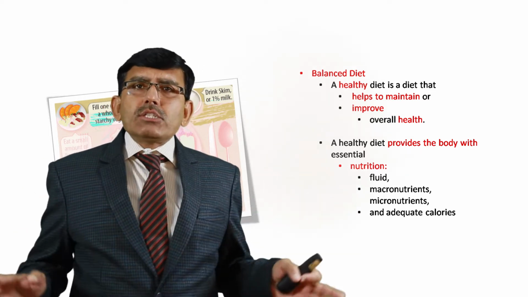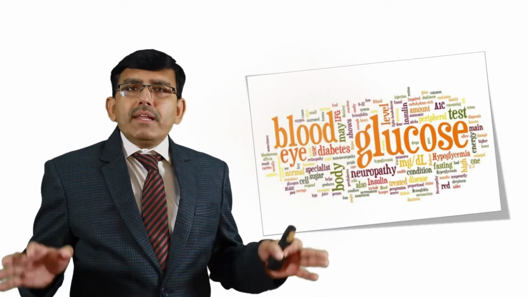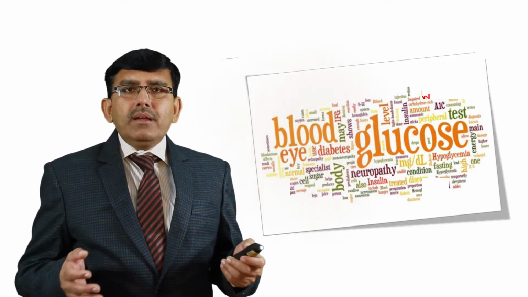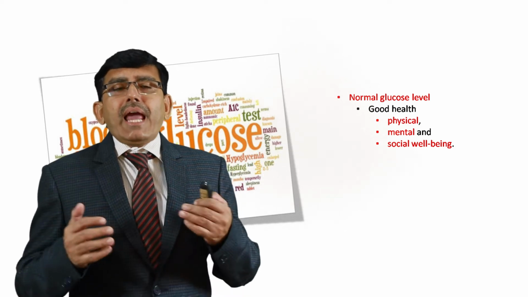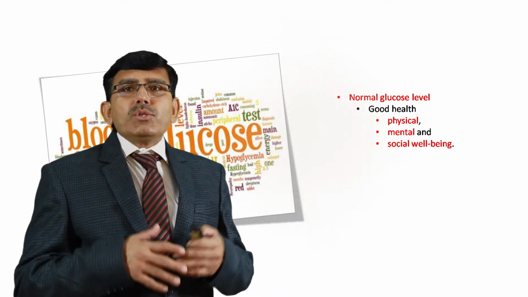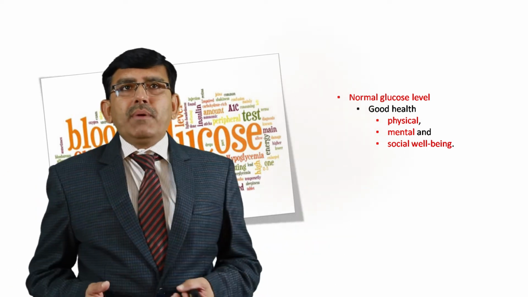If everything is normal, glucose level is also normal, and ultimately health will be good, which is physical as well as mental. If both of them are normal, social well-being will be normal.